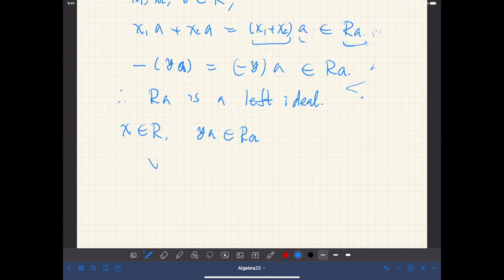So x times ya is xya, which is an element of Ra. So this really proves that Ra is a left ideal.